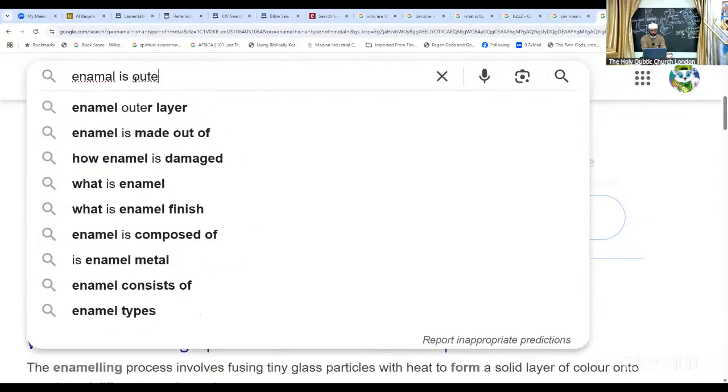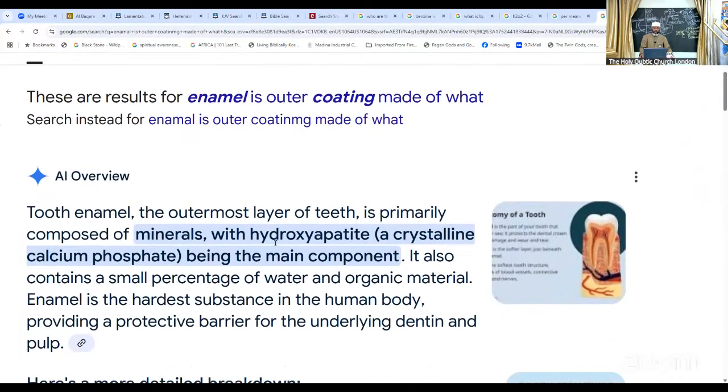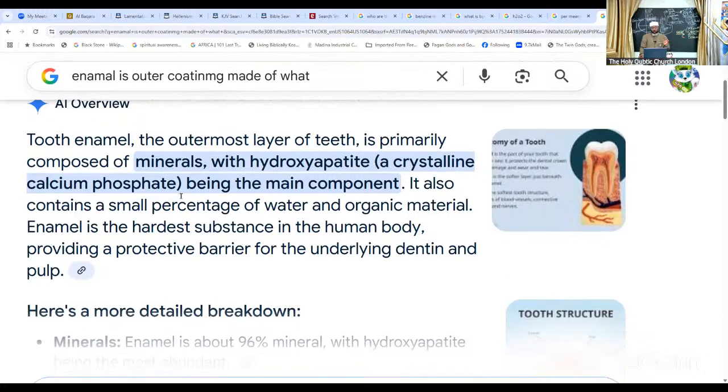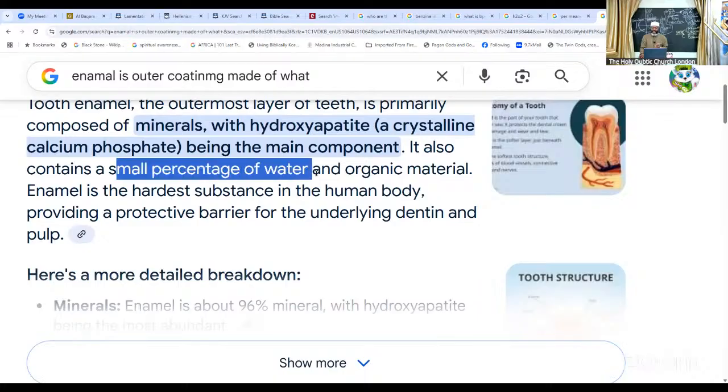Enamel is composed of minerals, hydroxyapatite, a crystalline calcium phosphate. So as was said, it's a calcium phosphate, but it's crystallized. And thus it contains a small percentage of water and organic material. It is the hardest substance in the human body, providing a protective barrier for the underlying dentine and the pulp.